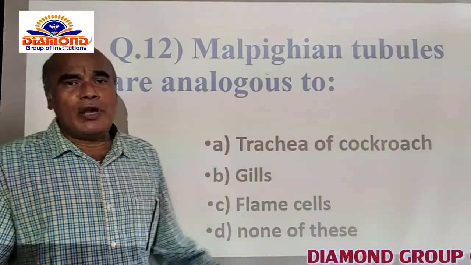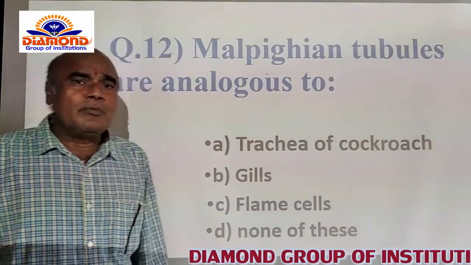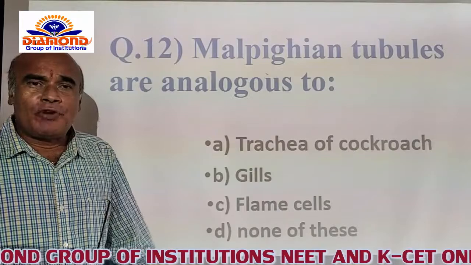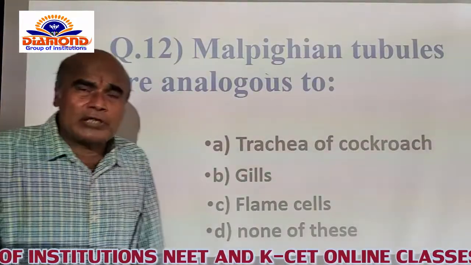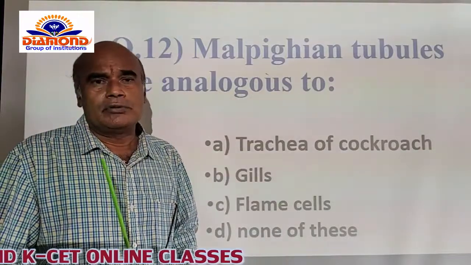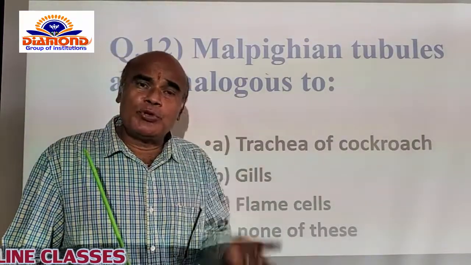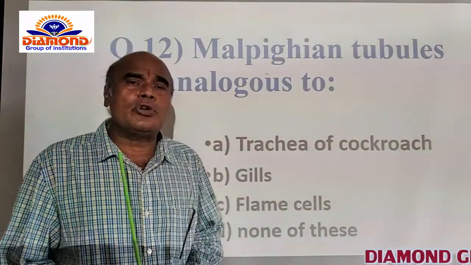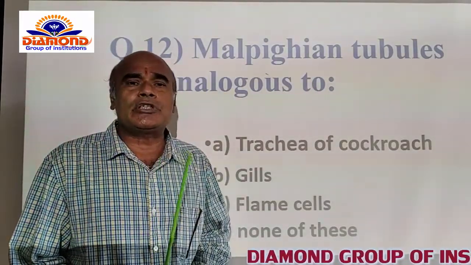And flame cells. The flame cells are functionally similar to the Malpighian tubules of the cockroach, because flame cells are the primitive excretory organelles which are confined to the platyhelminthes. Even some primitive chordates also have them, and the flame cells are helpful in the excretion of nitrogenous waste material.